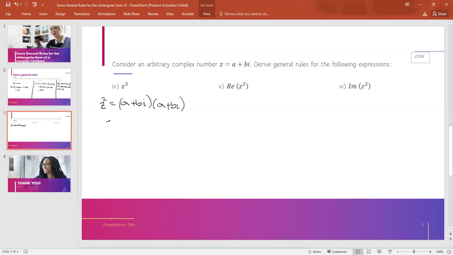Remember how we multiply complex numbers? So we're going to have a squared plus a times bi plus again a times bi.